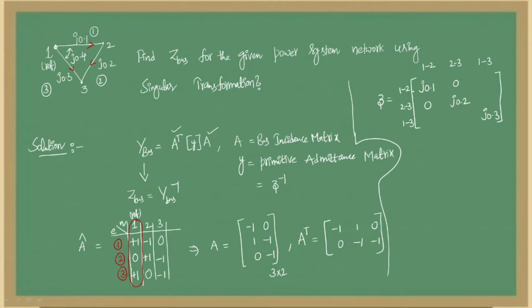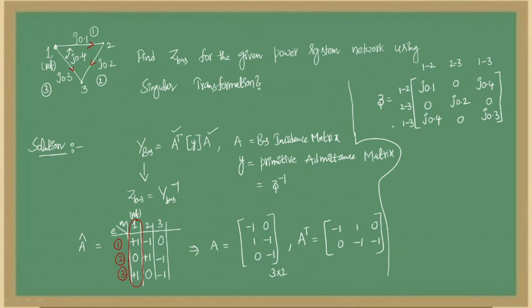Between the element connected between node 1 and node 2 and the element between node 1 and node 3, there is a mutual impedance given. What is that mutual impedance? J 0.4. Hence I can consider J 0.4 here and also J 0.4 here. Coming to the second row third element, as you don't have any mutual impedance between the 2 to 3 element and the 1 to 3 element, you can consider them as zeros.